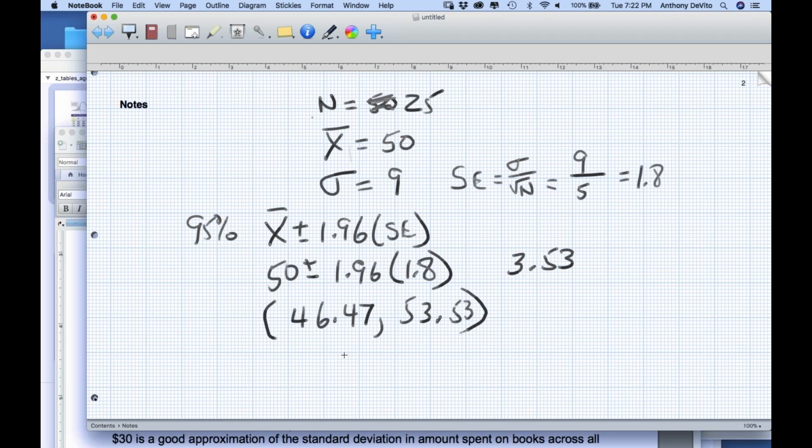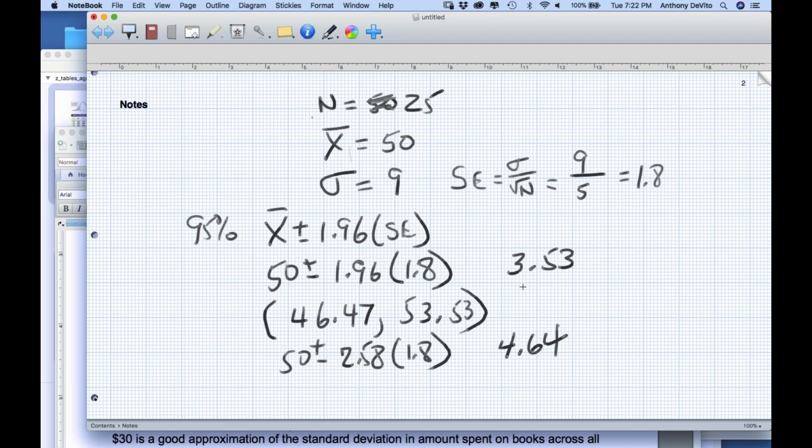Okay. How do I calculate my 99% confidence interval? There you go. Let's do it. 50 plus or minus 2.58 times 1.8. So our margin of error changes now. It gets bigger because I'm using 2.58 now. Our margin of error now is how much? 4.64, let's call it.